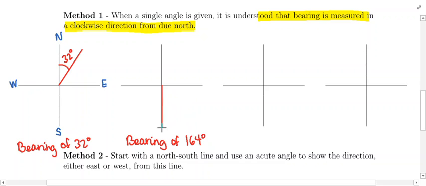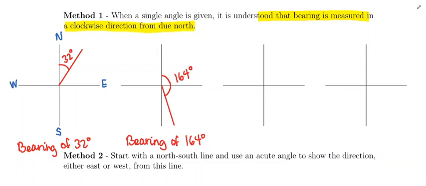We want to be close to 180, but we don't want to quite make it there. So this angle would need to be exactly 164 degrees. Again, I'm just eyeballing it here. But this red line, the angle that it forms with due north, is 164 degrees.